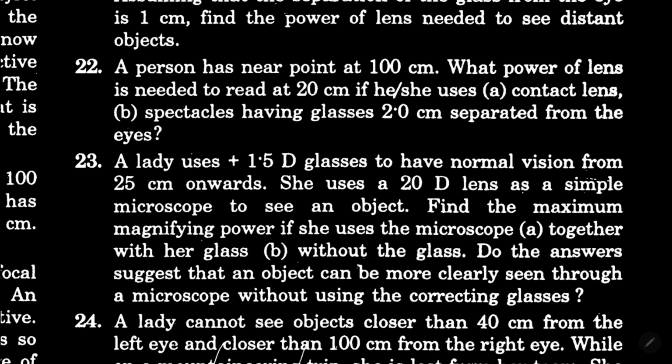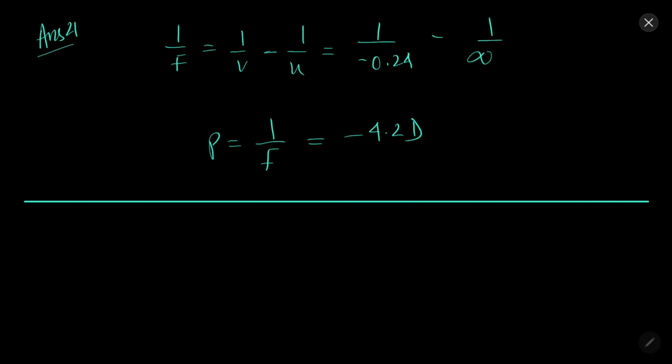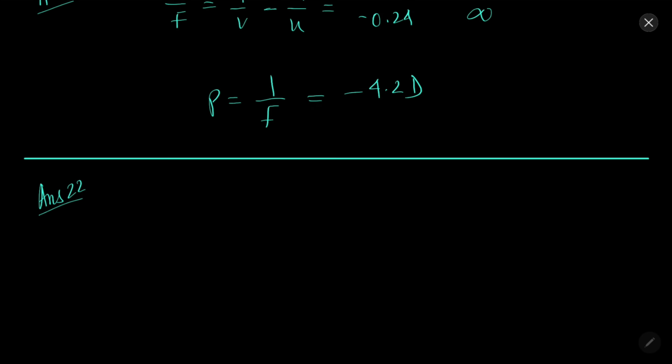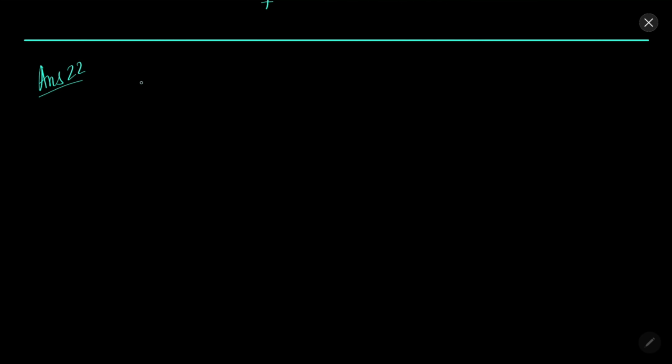In question 22, a person has near point 100 centimeter. What power of lens is needed? Solution 22. A part.